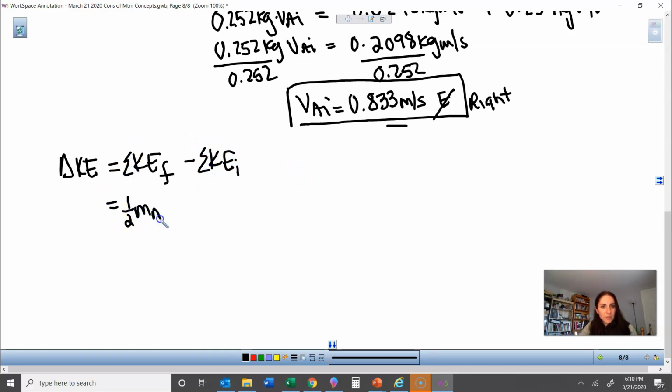So it looks like this. Oops, final. This is where I make mistakes too, making sure that these are final velocities minus the initials.